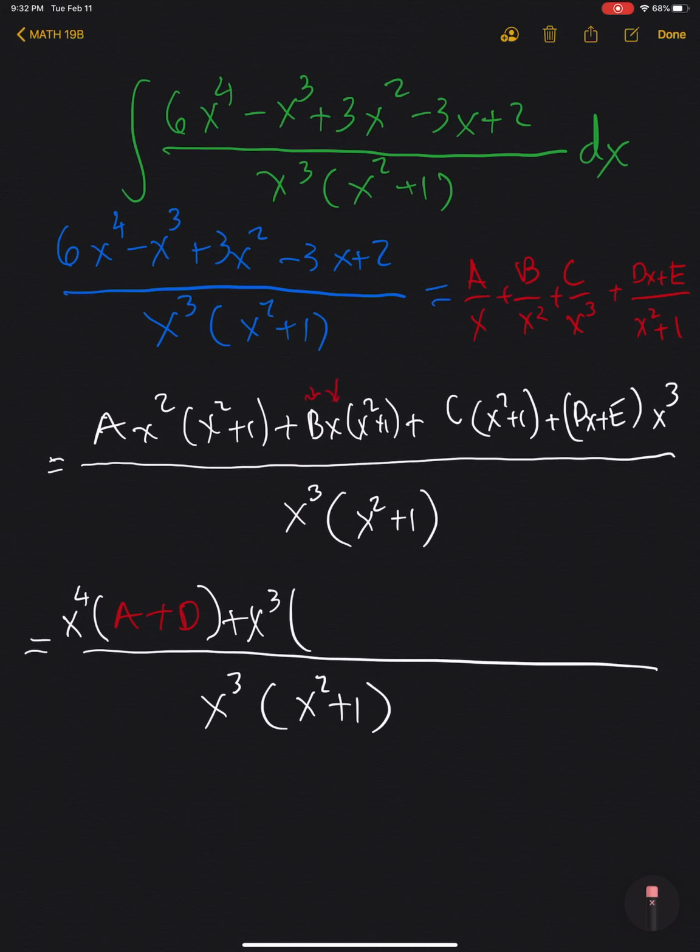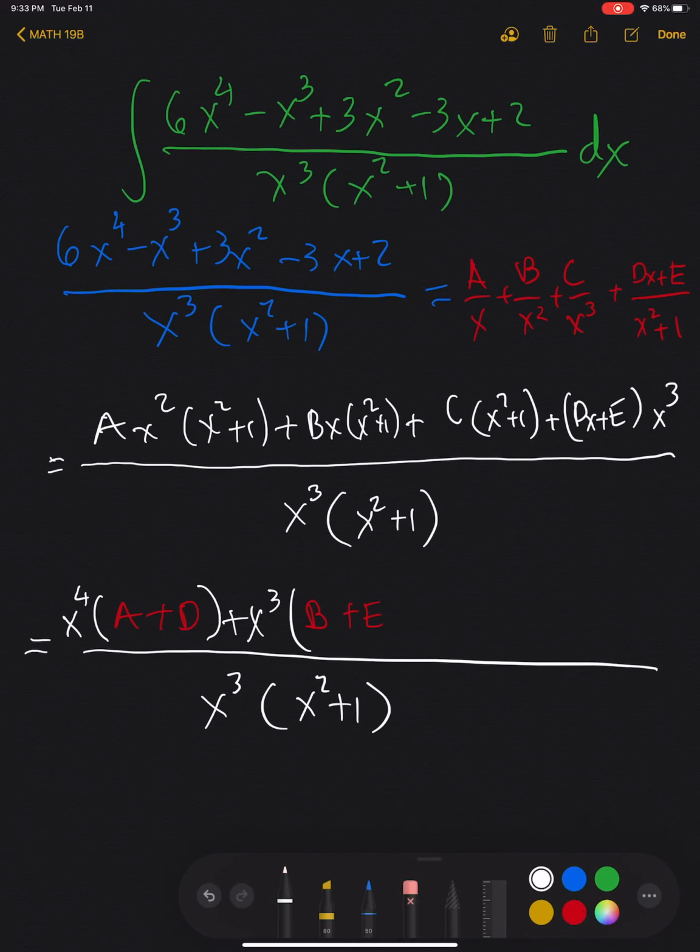In other words, that will give me a b for this part. For the next term, I cannot make a cube. I can only make a square or a constant, so I don't get anything from that. And from the last term, I actually get a cube by multiplying x cubed in here with e. So that will give me plus e. That would be the overall coefficient of x cubed.